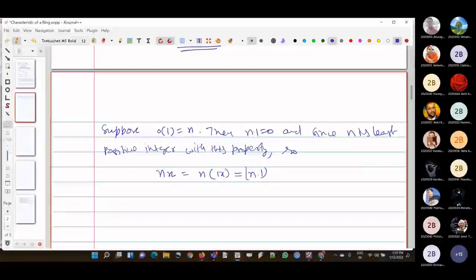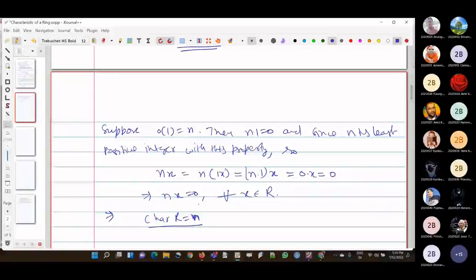In a ring, we know this property, because multiplication is closed and associative, that is a semigroup. Okay, if you remember. So n times 1 is 0, and therefore 0 times x, and 0 times x is equal to 0 using the properties of a ring. Okay, so this means what? nx equals 0, and this is true for any arbitrary x, for all x belonging to the ring. And because n is least, this implies that the characteristic of R is going to be n.